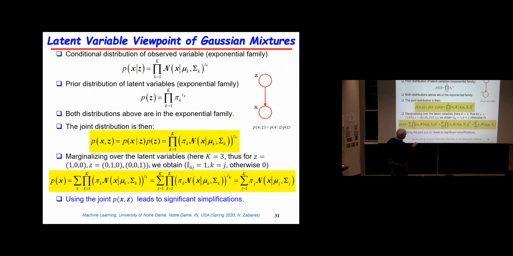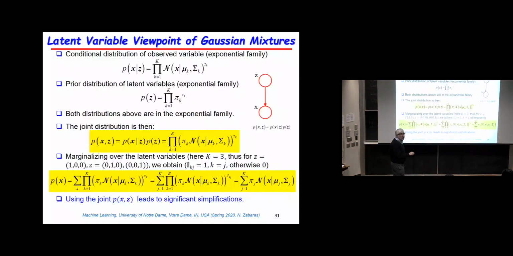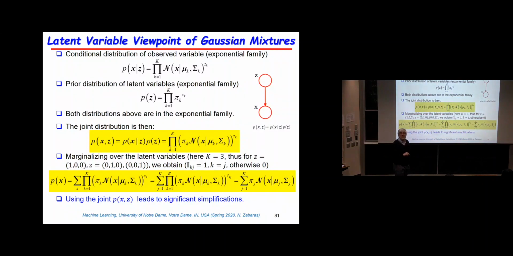No. Why? Because when you take logs of this, you get zk times log of each of those terms separately. Can you see that? You don't have log of the sum of these terms.